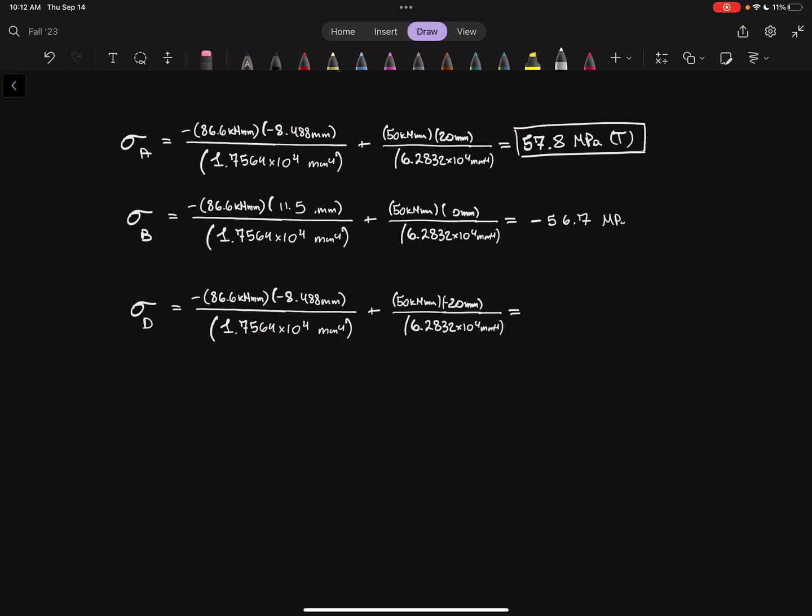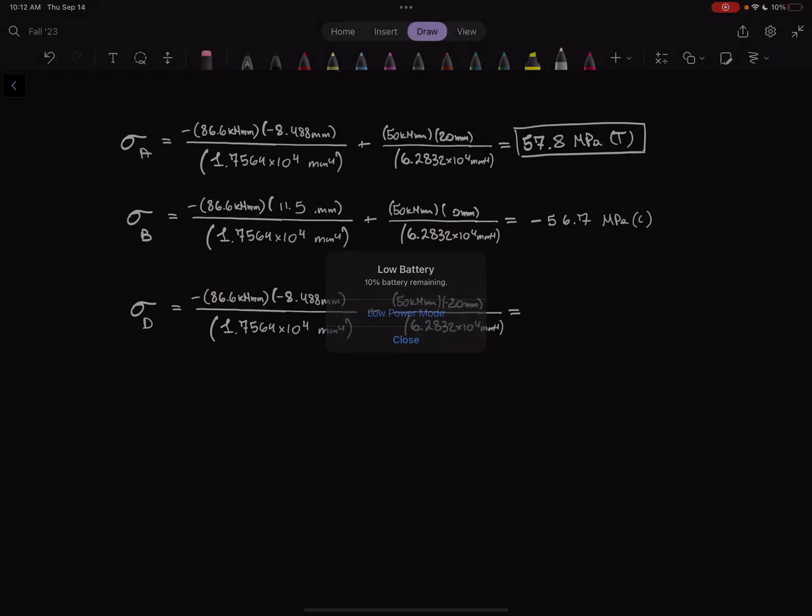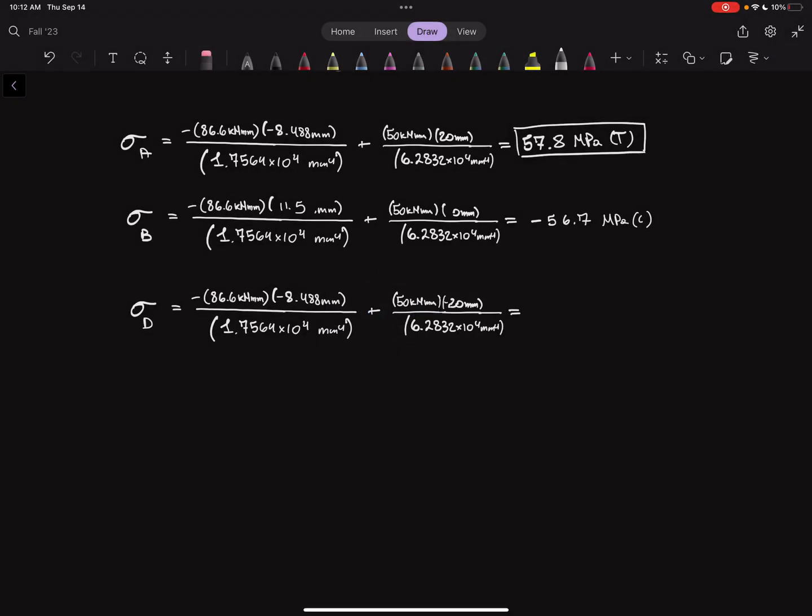And then the last one is going to be with a negative 20. And then everything else is the same. So that's going to be 25.9 megapascals in tension. And so these are our stresses at the points requested.